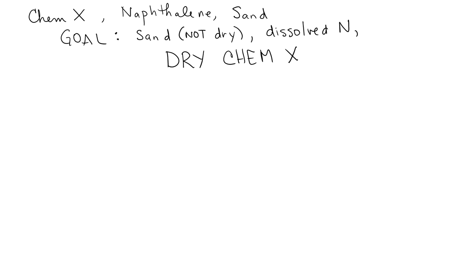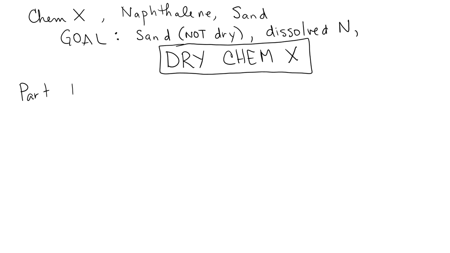The whole point is that chemical X is a compound that needs to get back to the group that synthesized it. And so it needs to get back there dry. And so this is the goal. To get dry chemical X in as few steps and using as little compounds as we need to in order to do the separation. So in order to sort of help you through that, you have part 1.